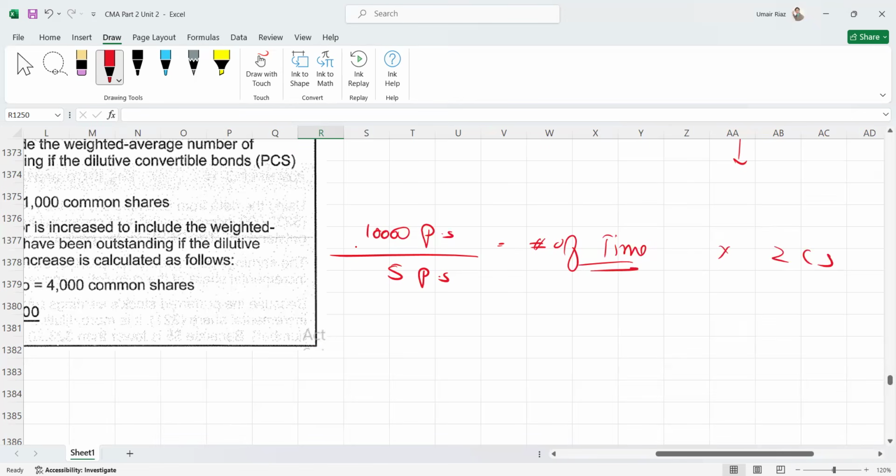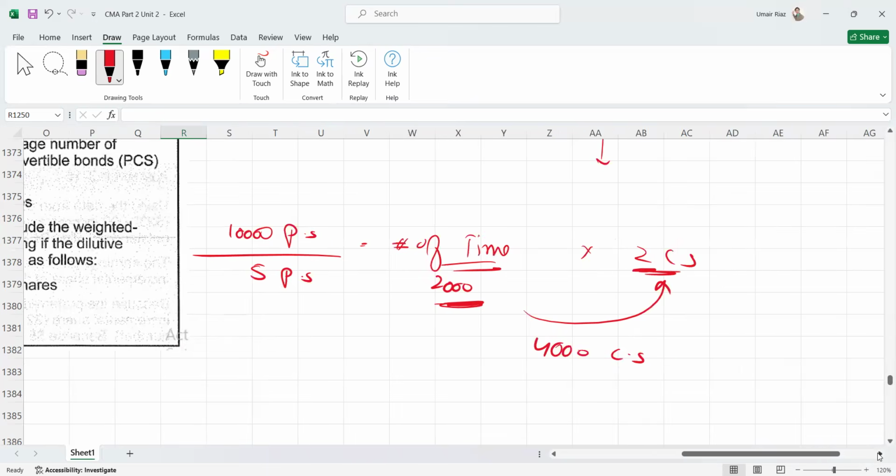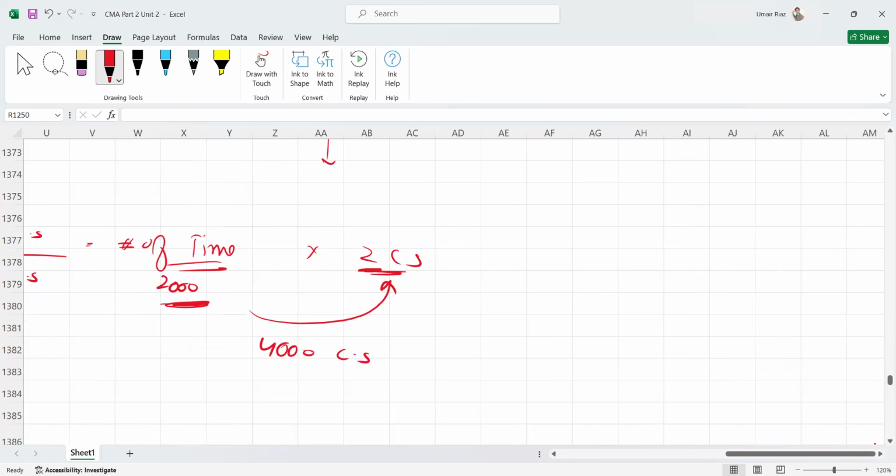So preferred shares, 10,000, divided by 5 will give you the number of times you will get 2 common shares. So 10,000 divided by 5 is 2,000 times. Like 2,000 times you will get 2 shares. So 2,000 times 2 common shares means 4,000 common shares will be issued.